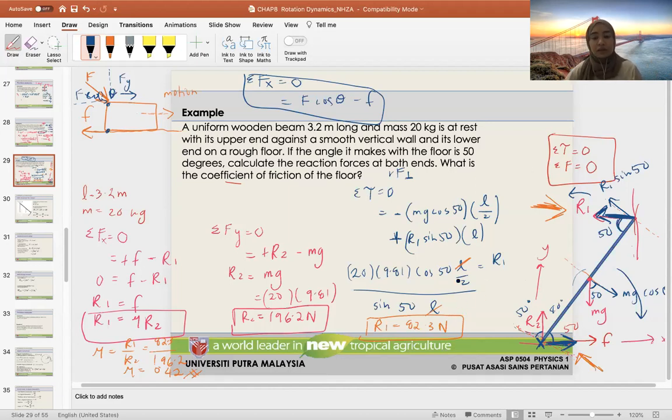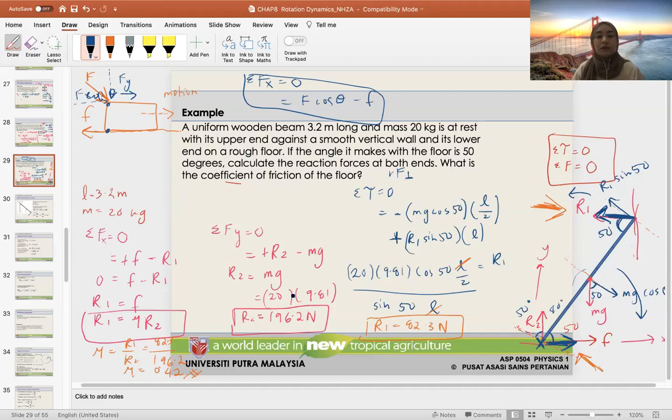We still look at all the forces acting on the body to determine which way is the rotation. Yes, we will also need to know what is the length. So the length is different each time. But in the case of forces, we just put the force into the equation. We don't have to care about the length. Even though it's at different positions, we can just put it into our equation. Okay, I hope that's clear.